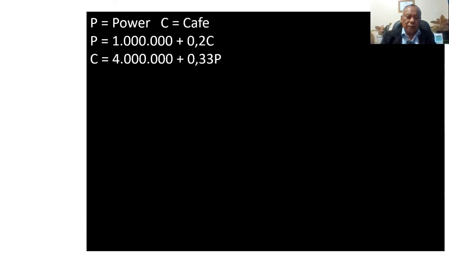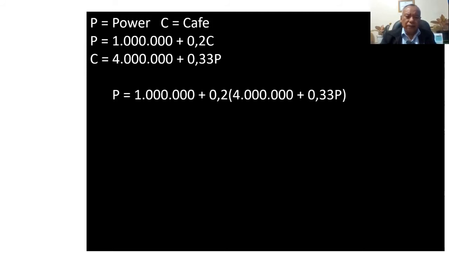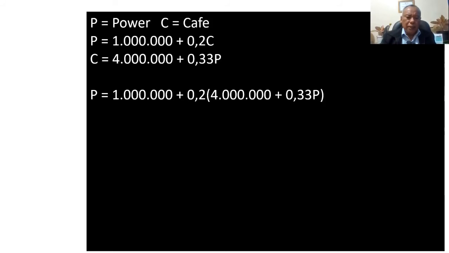And then we can simplify this equation by replacing the variable, in this case C, right? So P equals 1 million plus 0.2 C, and we replace C by these numbers: 4 million plus 0.33 P. So we have the same variable, in this case P. And then we can simplify.